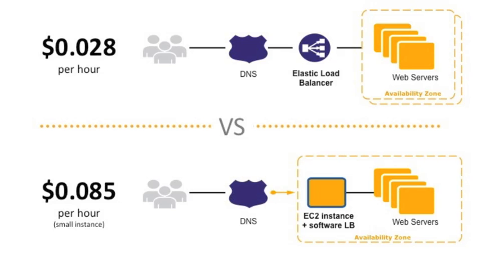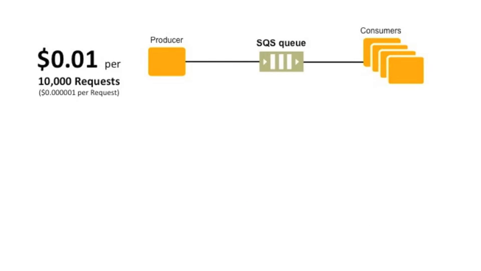So the idea being that there are services within AWS where you can achieve cost optimizations by moving software that you might install and run in AWS onto the AWS equivalent service. And there's a range of those that you can use. Another example would be SQS. Queuing is a common architectural component for decoupling tiers of an application or functions within an application.